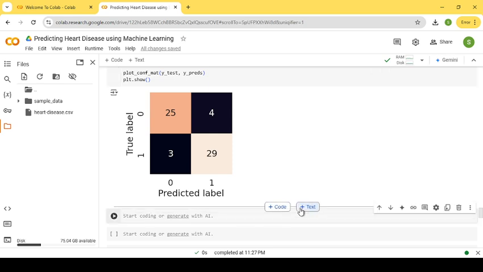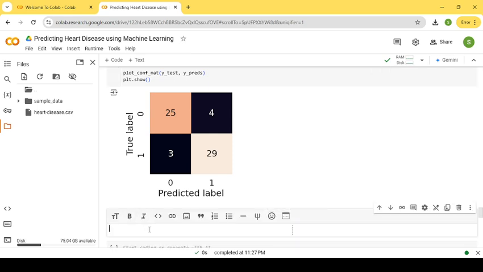So now let's talk about 9.3, which is the classification report, which summarizes all of the accuracy, recall, F1-Score, and the precision score. So we said here, let's print that.